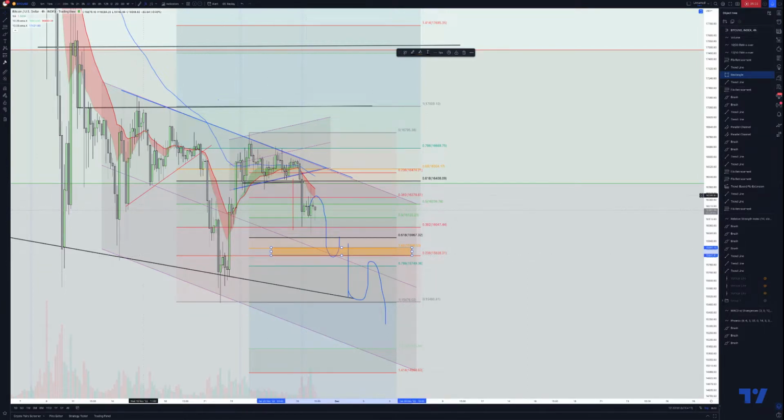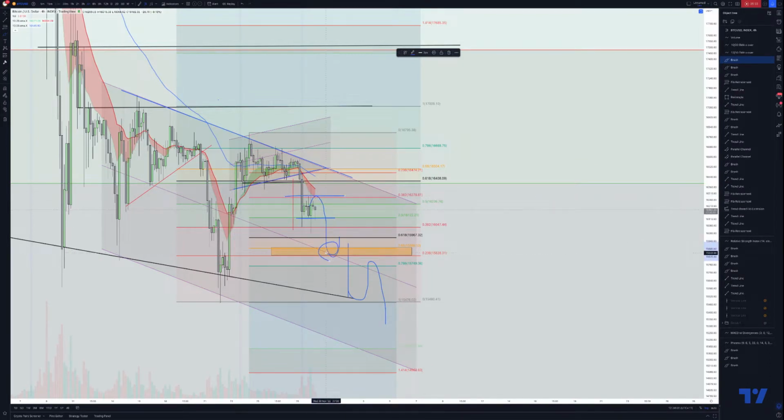So if this was not to hold, which I do think it's not going to hold because that's a rejection area, this is likely to be a good bounce, go long, and then we see what happens after that. The worst case scenario is this is A, B, C, and up.